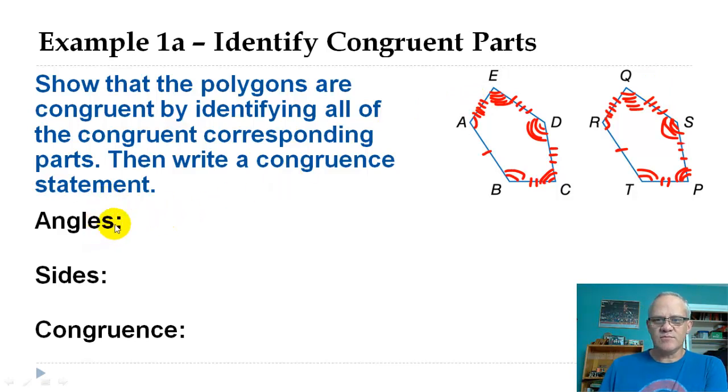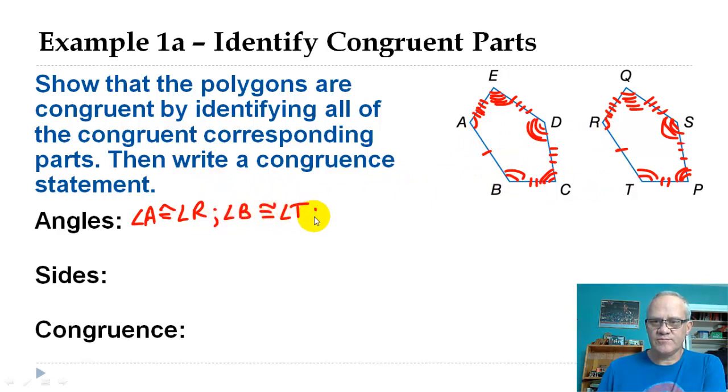So let's say all the angles that are matching up. Well, A and R are congruent, right? So we can say angle A is congruent to angle R. Okay, that's our first match up there. What else? B and T. So we say angle B is congruent to angle T. What's the third one?